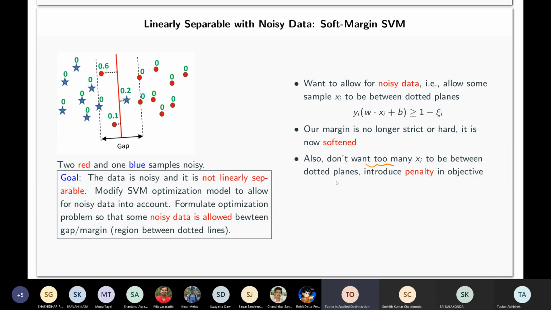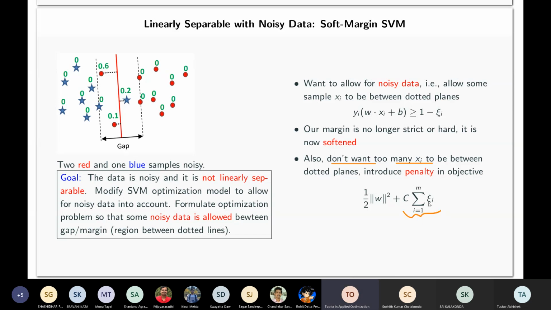Okay, also we don't want too many xi to be between the dotted planes. So as I said, we are allowing for some, but we don't want to allow too many, because in case there are too many, then they are not linearly separable in the first place. Our assumption has been that there is some noisy data that came, and that has to be taken into account. So to not allow too many xi, we will also put a penalty.